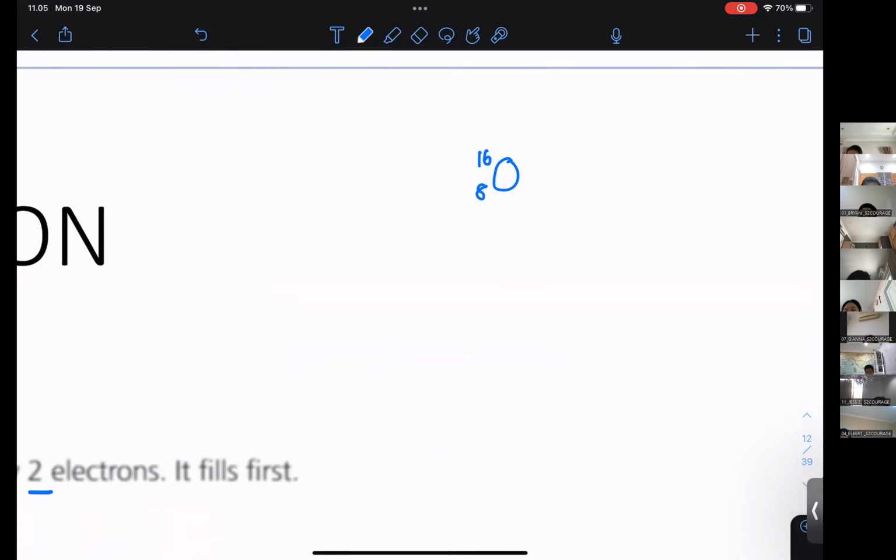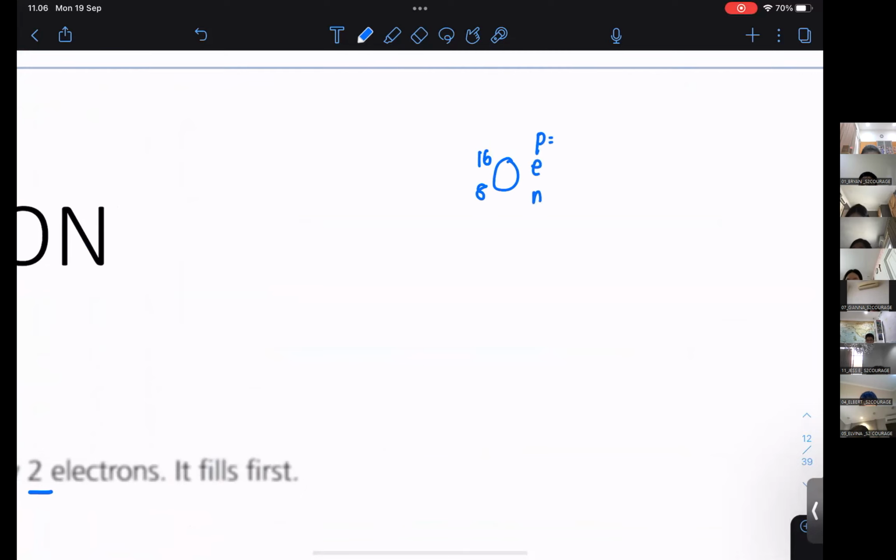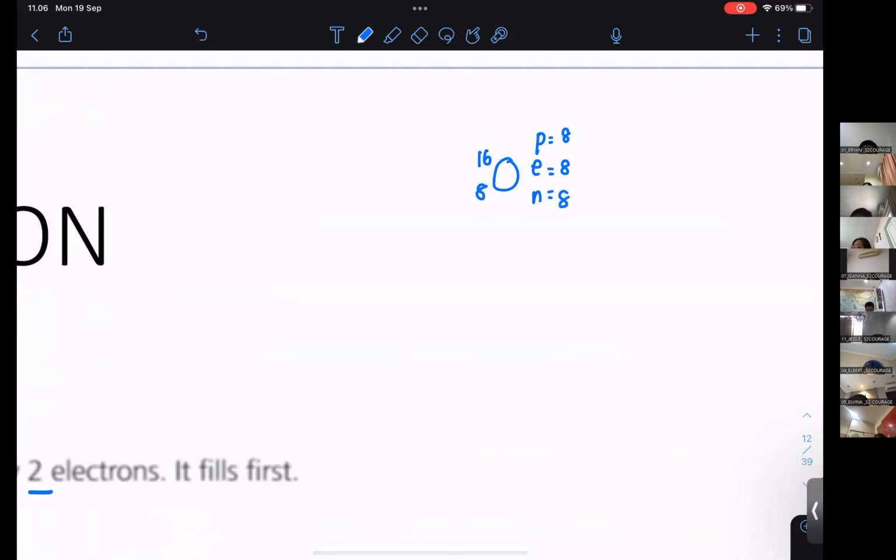For oxygen, Naomi, can you tell me the number of protons, electrons, and neutrons? 8 protons, 8 electrons, and 8 neutrons. Correct. Then Cheryl, if I want to write the electronic configuration for oxygen, how do I write it? 2 and 6. Okay, 2, 6.